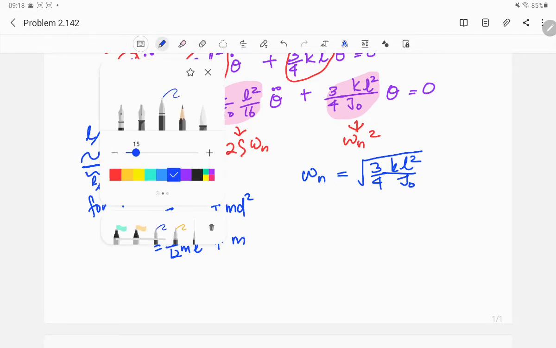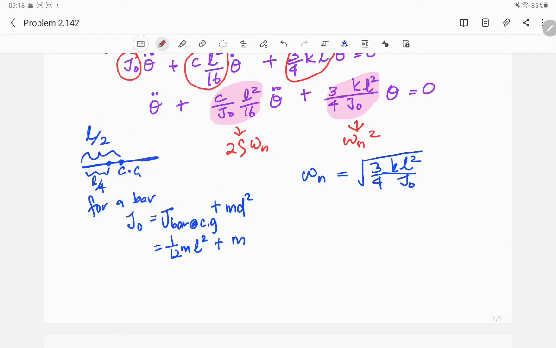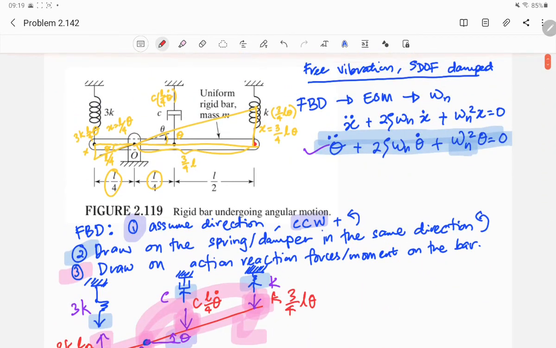So d is basically the distance between the center of gravity and the pivot point O. If you look at the original problem, you can see that the center of gravity is here, same as where your C is.